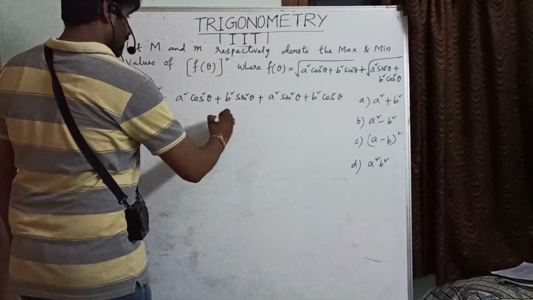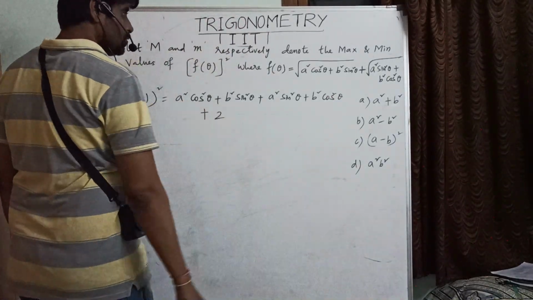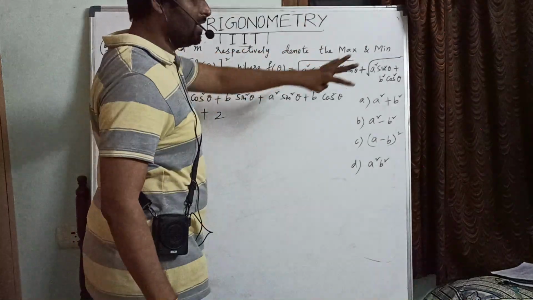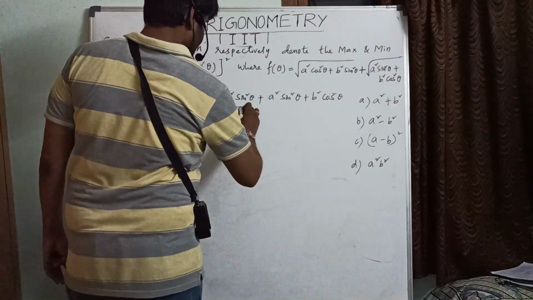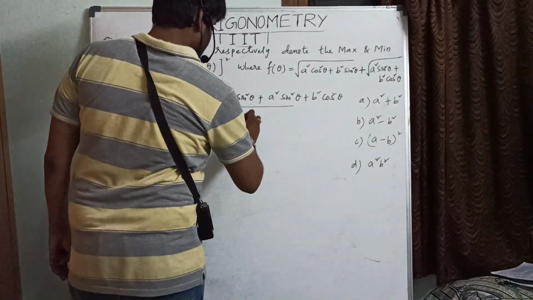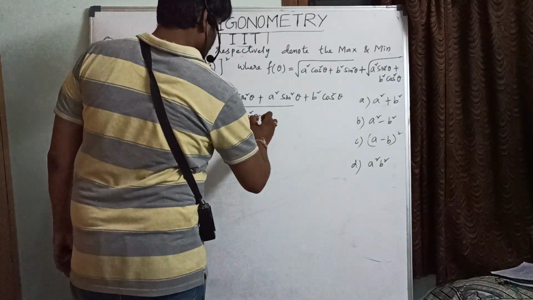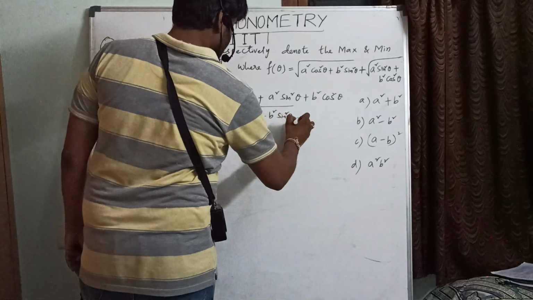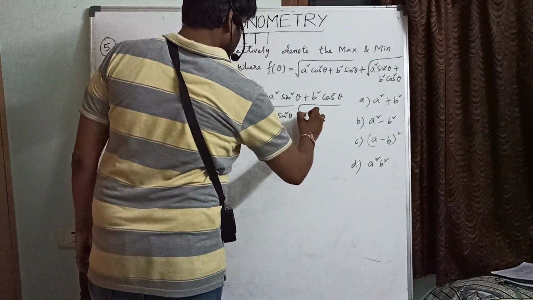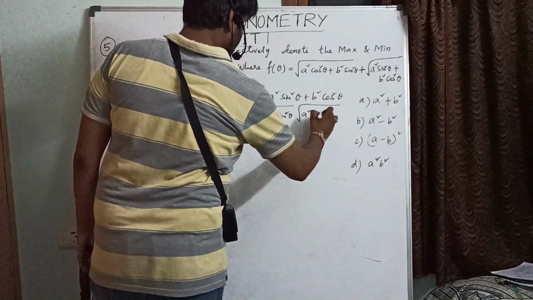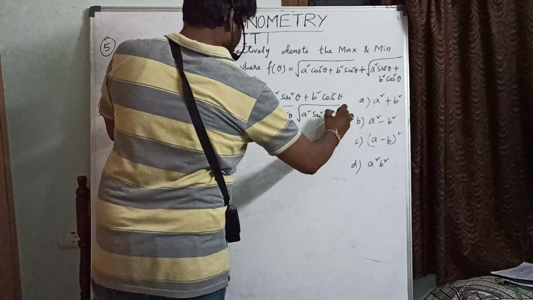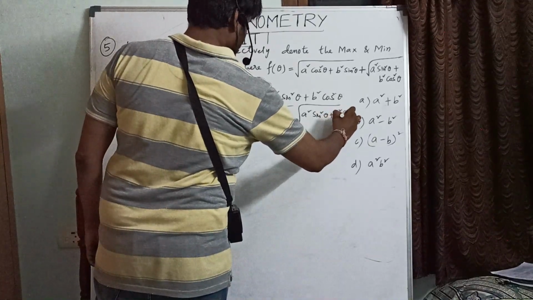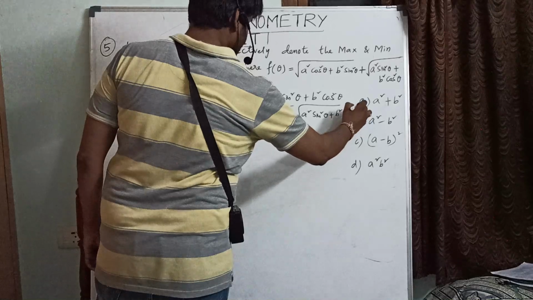Correct or not? So now plus 2ab. So root of the same thing I can write: a square cos square theta plus b square sin square theta into root of a square sin square theta plus b square cos square theta.